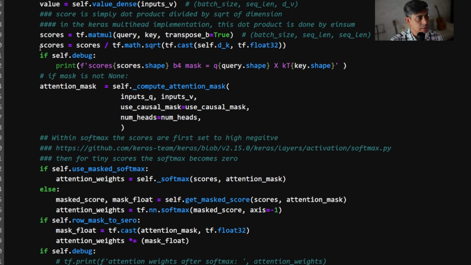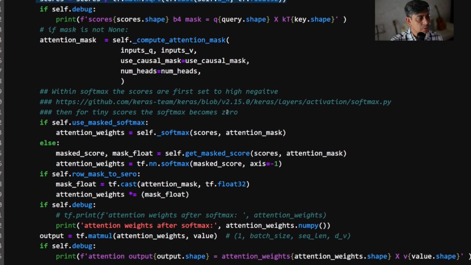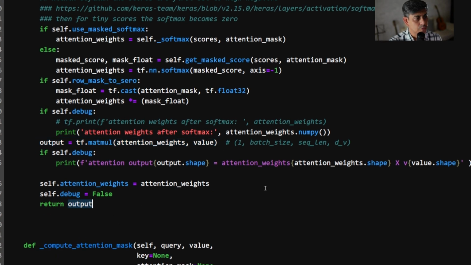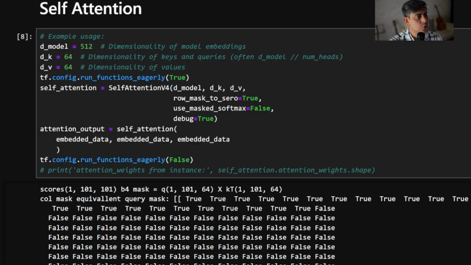So we again repeat: this is the scaled score. This is where it is converted to weight. This is where we are doing the matrix multiplication with the value. It matches with the PPT exactly, right? And then you return the output. That's it.